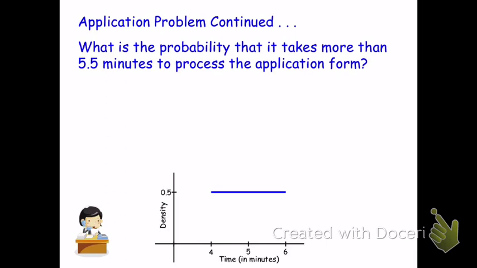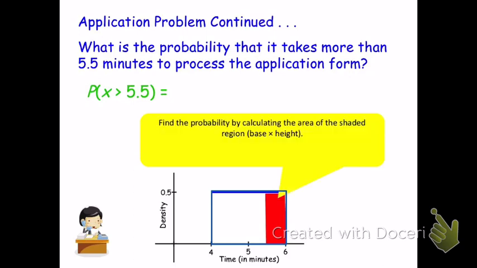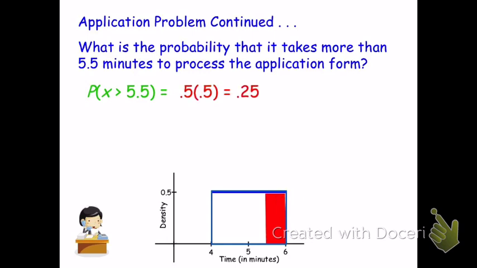So what is the probability that it takes more than 5.5 minutes to process the application form? I'm just taking the area from 5.5 to 6. Base times height, what would my base be? 0.5. My height is 0.5. So this is pretty simple.